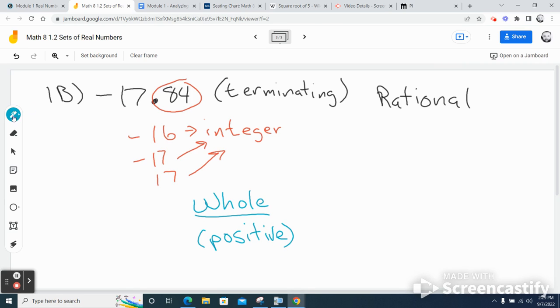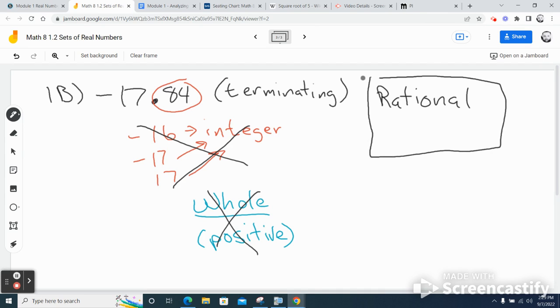So it's not an integer, and it's not a whole number. It's only a rational number. Does that make sense?